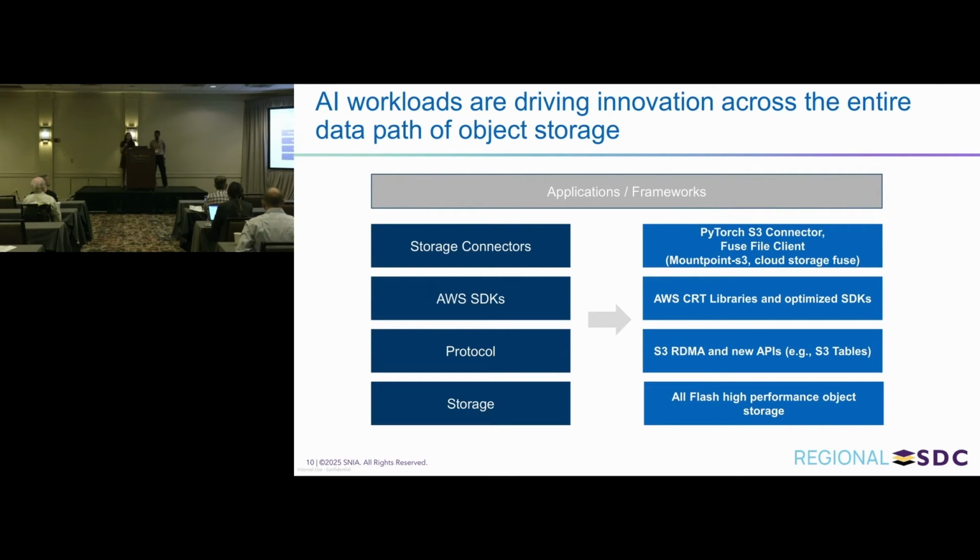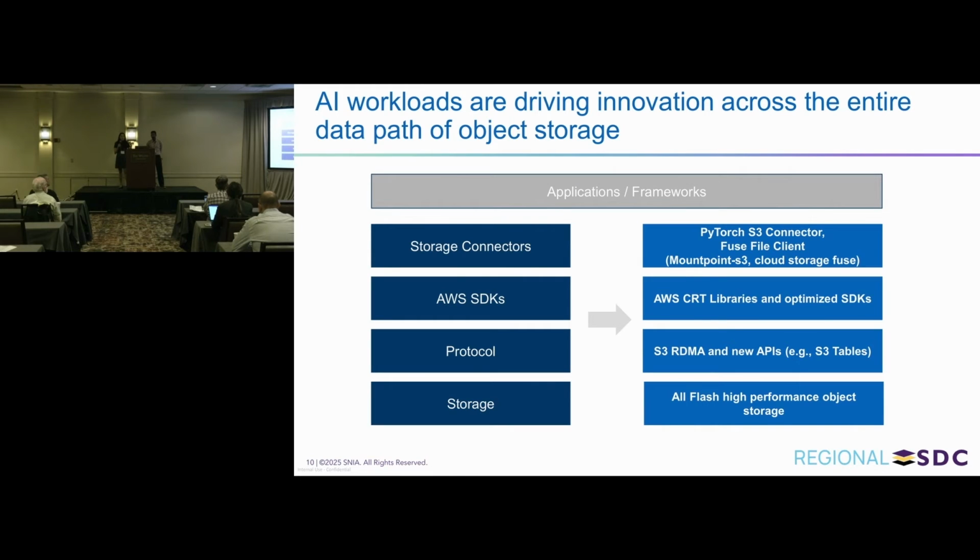One final thing I want to mention is how these AI workloads drive changes or innovation in the entire data path of object storage, right? If you look at the very high-level stack, you have the applications, your frameworks, and then those frameworks use some type of connectors to access the storage.